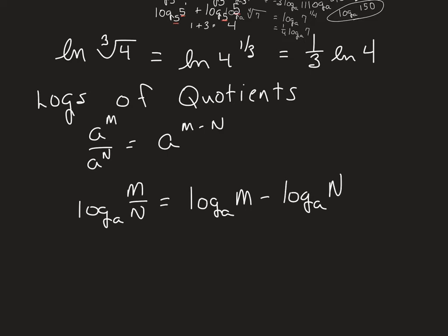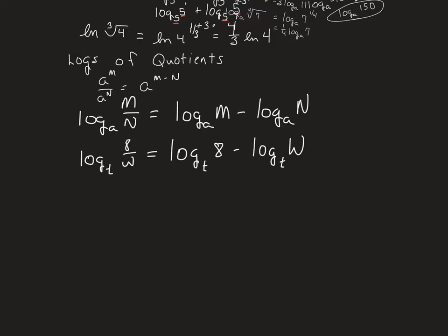So if I wanted to express the log base t of 8 over w, I could write this as the log base t of 8 minus the log base t of w. Let's look at the log base 5 of x over 25, and I want to expand this or write it as the sum or difference of a logarithm.